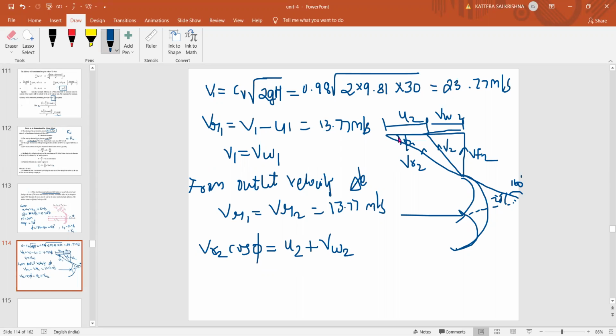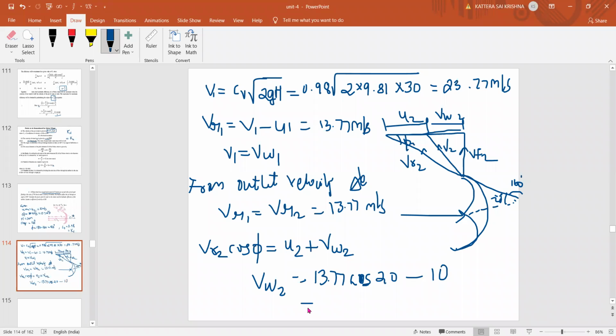VR2 and the angle here is phi. So VR2 cos phi should be equated to U2 plus VW2. From this, we can find VW2 because we already know VR2, which is 13.77. So 13.77 cos 20, where phi is 180 minus 160, minus U2, which is 10.